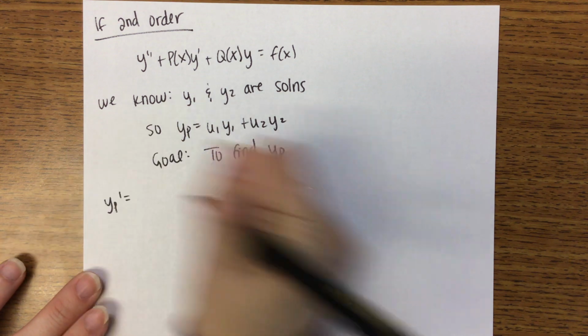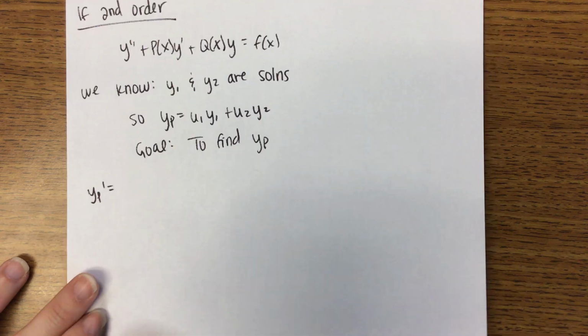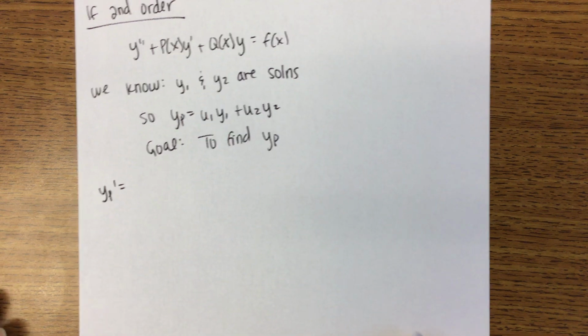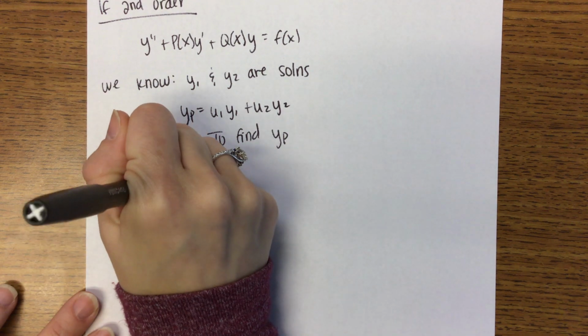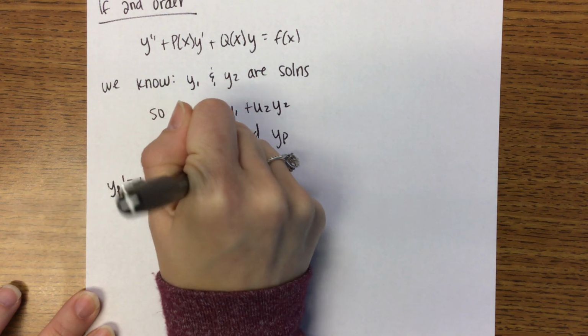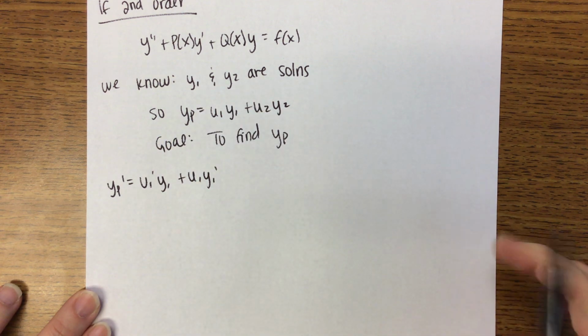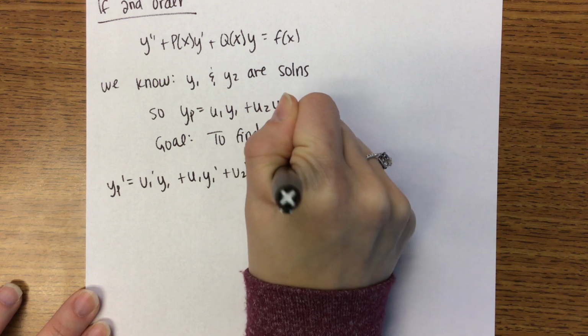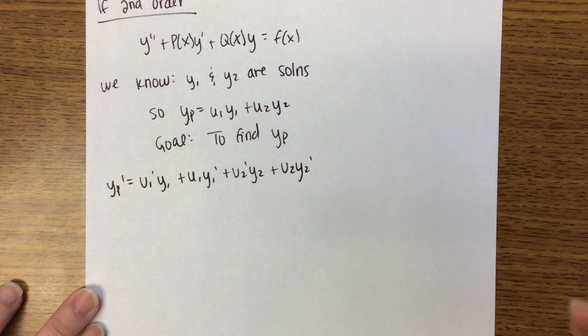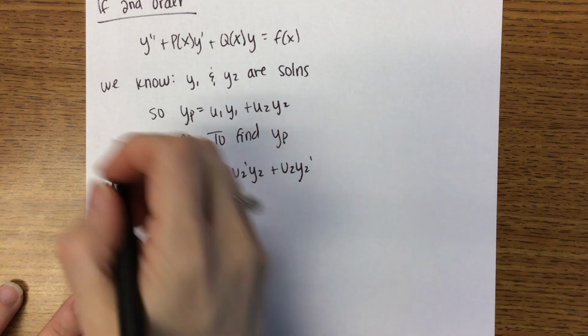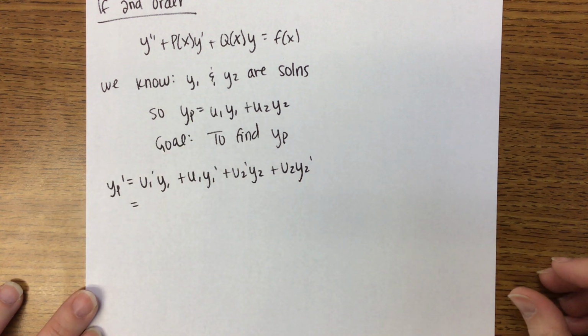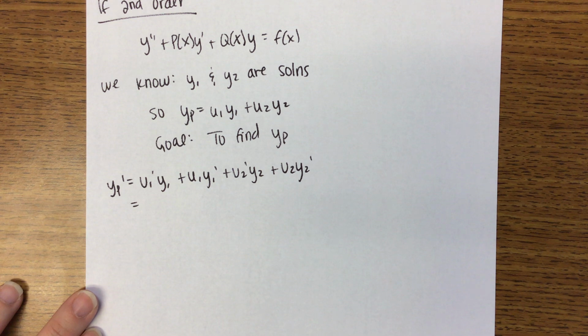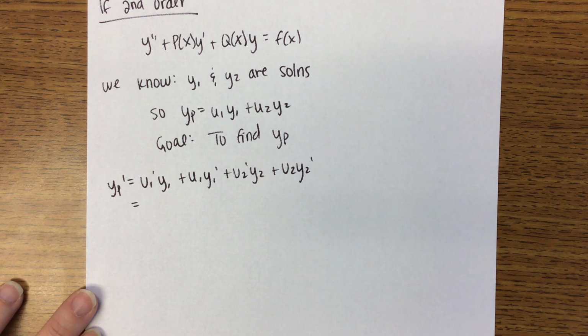Our first derivative will be u1 prime y1 plus u1 y1 prime plus u2 prime y2 plus u2 y2 prime. Okay, I'm going to move some things around.